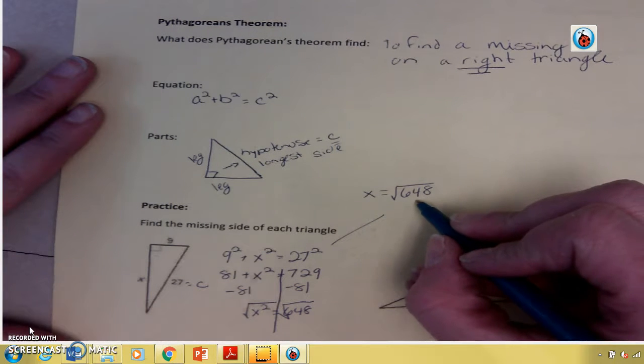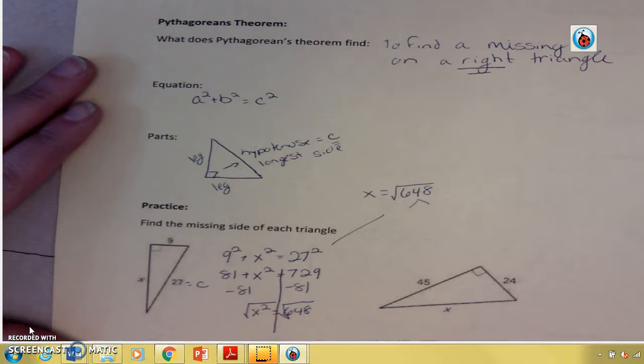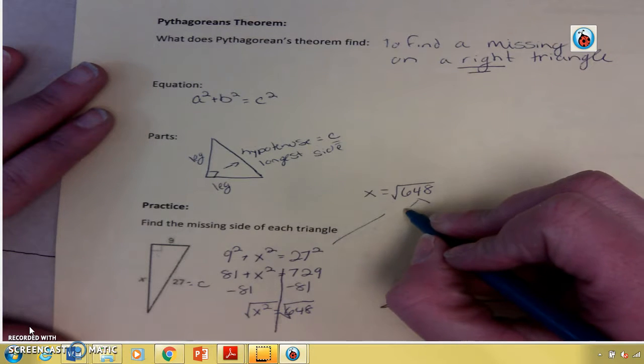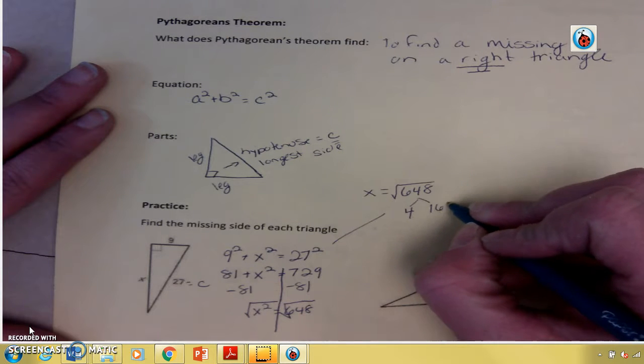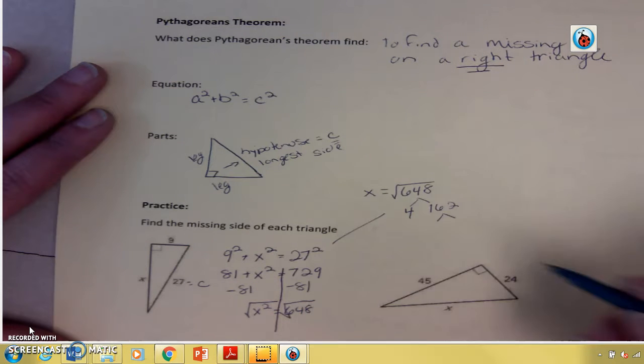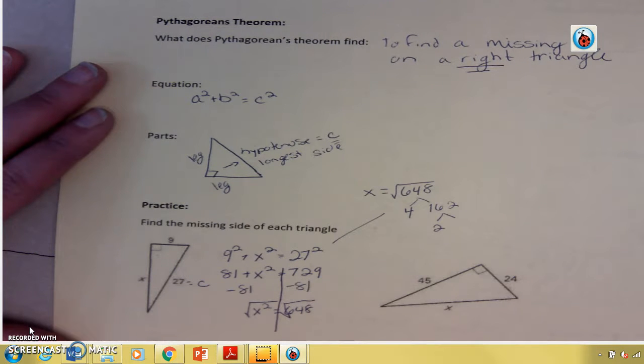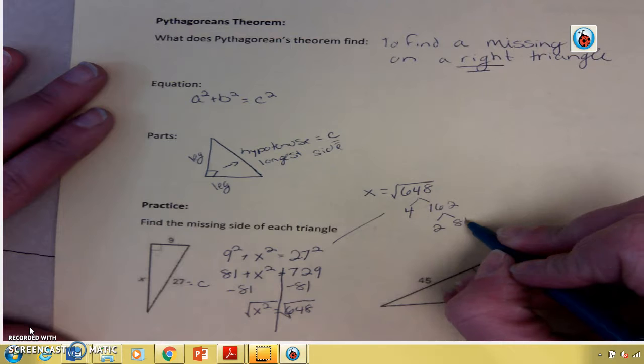So I'm going to start and say, well, let's see. I think it can be divided by 4. So 648 divided by 4 is 162. That can be divided by 2. 162 divided by 2 is 81.